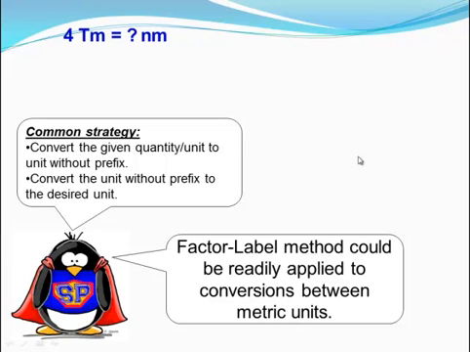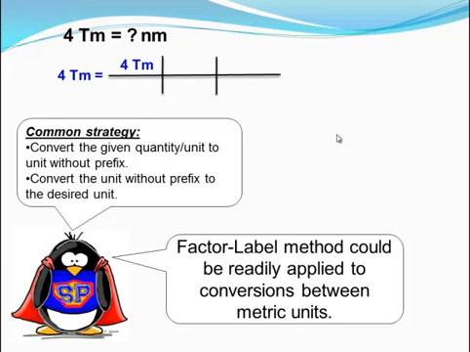So in this case, let's see, 4 Tm equals how many nm? Tm and nm. So you can see 4 Tm, and I started with the monkey bars. I put 4 Tm here.